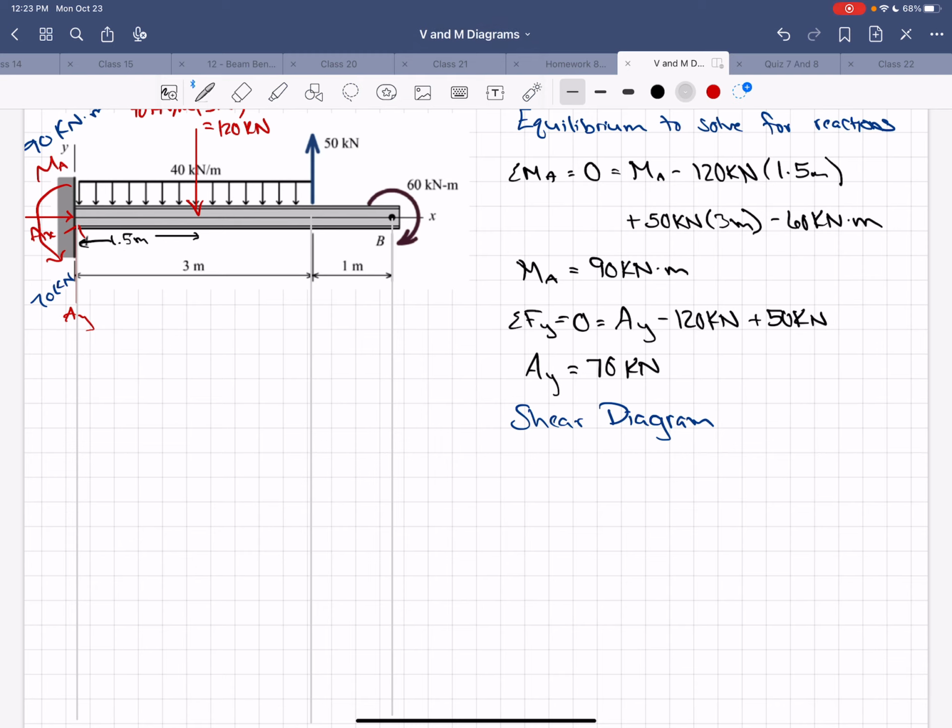Okay, so the shear diagram. So we draw our shear diagram with a horizontal line, V on the vertical axis, and the units are kilonewtons. And we look at what happens. The first thing that happens is we have this reaction of 70 kilonewtons going up, so our shear diagram goes up by 70 kilonewtons.